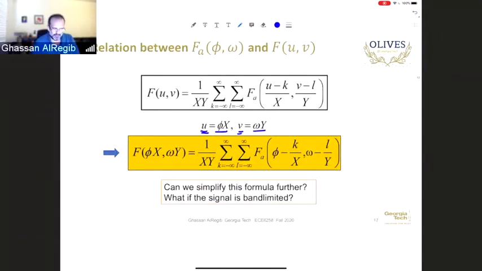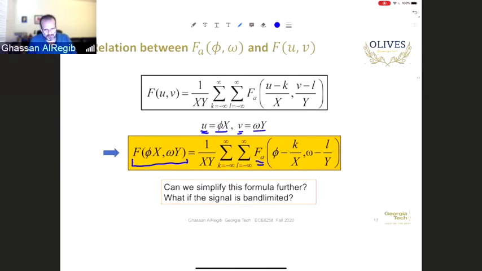And now what I have on the left-hand side, the Fourier transform as a function of phi and omega, as if I am sampling in the frequency domain, is equal to 1 over XY, double summation over k and l, and then I have the F sub A. So now I have an equation in terms of capital X, capital Y, in terms of phi and omega, that gives me the relationship between F sub A and F. So this is a general relationship between F sub A and F. We have not made any special assumptions about F sub A or F in this case.